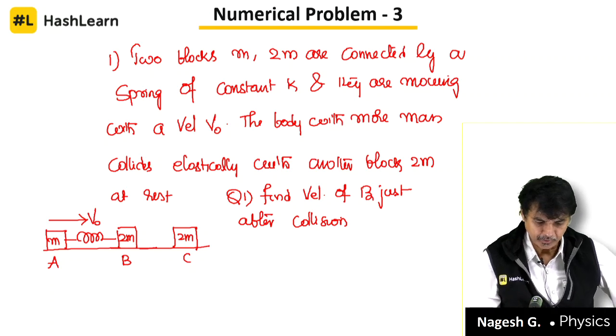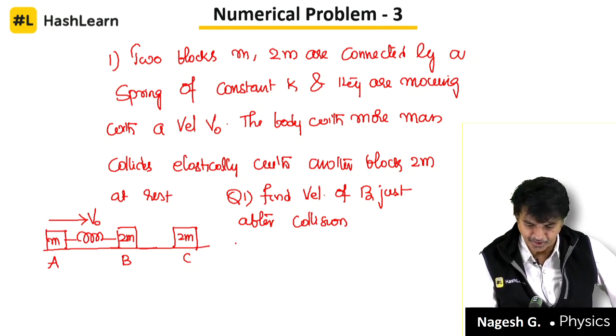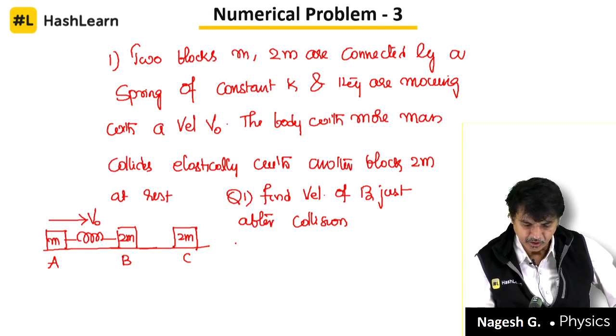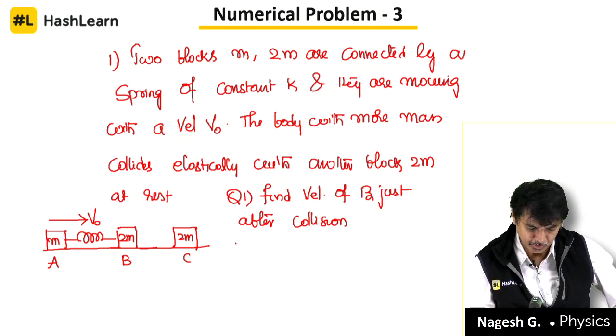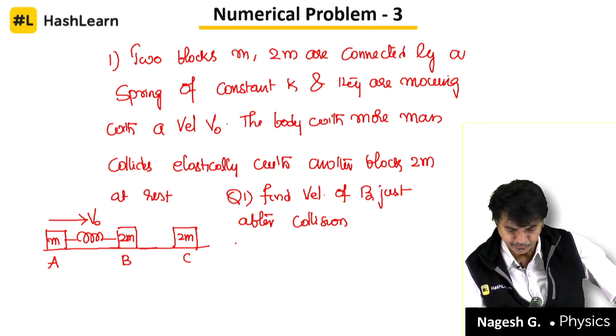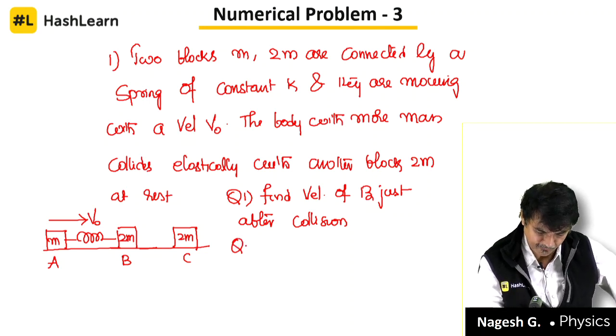This is the problem: two blocks, M and 2m, are connected by a spring of constant K, and they are moving with a velocity v naught. The body with more mass collides elastically with another block 2m at rest. Find the velocity of the block B just after collision.